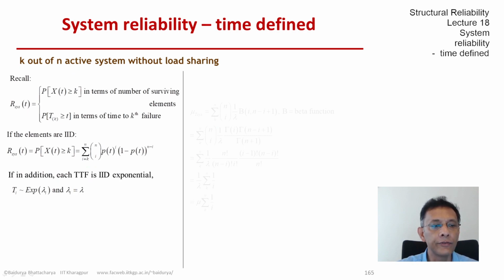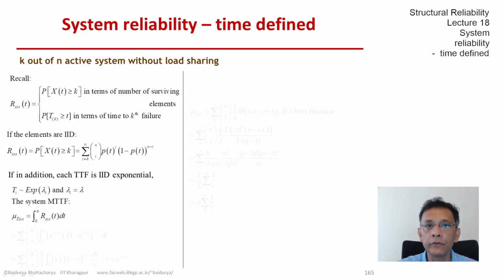Now if, in addition, all the TTFs are exponential and independent and IID, so they have the same lambda, then under that simplifying assumption, we can find the system reliability and the system MTTF, the mean time to failure.